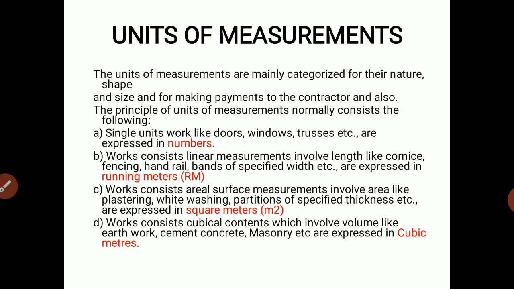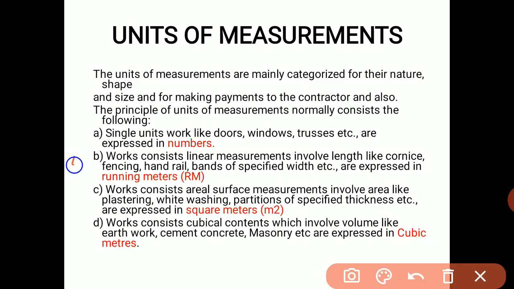The units of measurement are mainly categorized by their nature, size, and shape. Single unit works like doors, windows, trusses, etc., are expressed in numbers. So two doors, one is the main door and another is an interior door, likewise the number of windows.